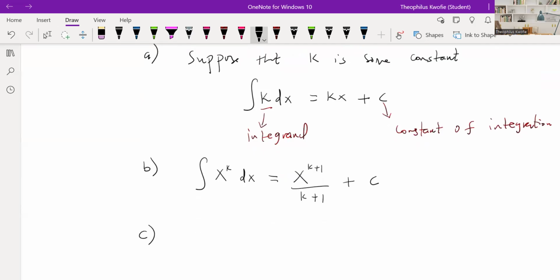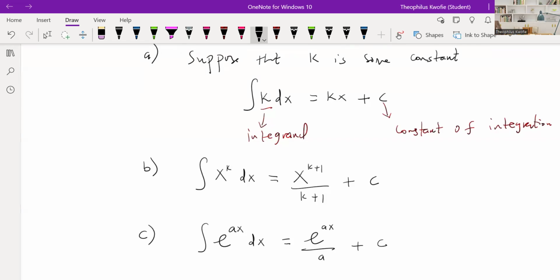And then the third law is the integral of the exponential function e to the power ax. What happens is that I maintain the function, I maintain the integrand, and I divide by the coefficient of x, and that is a.